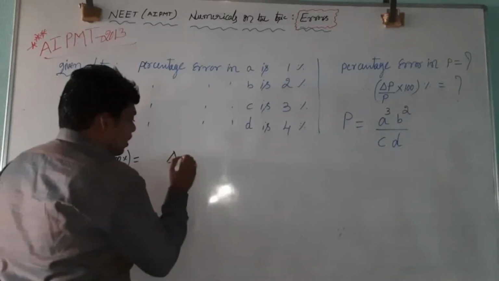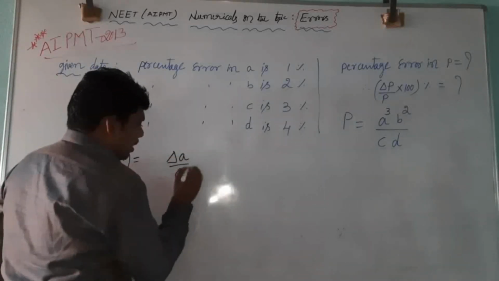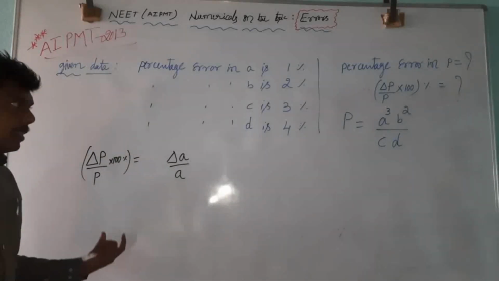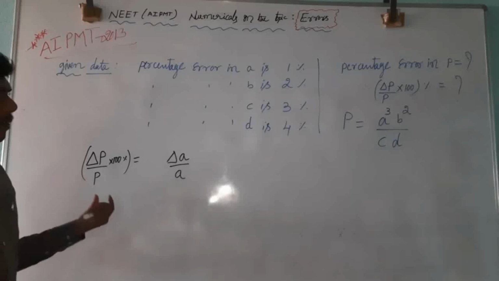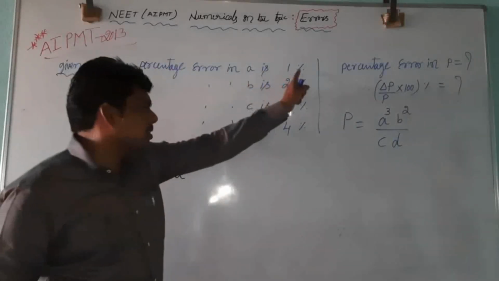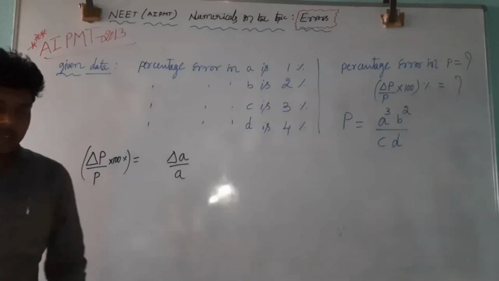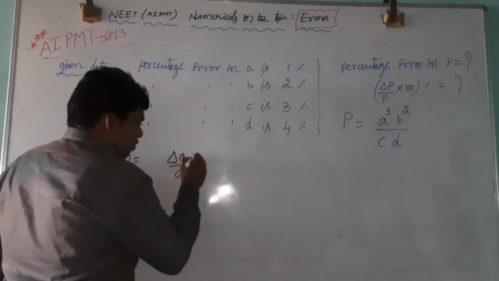Delta A by A. Here they have given in terms of the percentage or in terms of the relative error? They have given in terms of the percentage error. You can take directly in terms of the relative error, or else directly in terms of the percentage error. There is no problem at all.